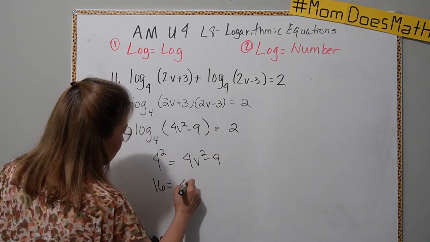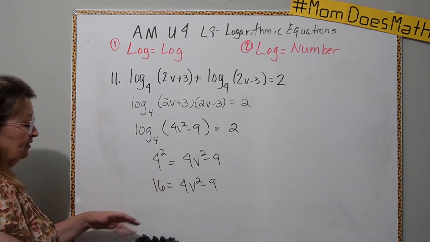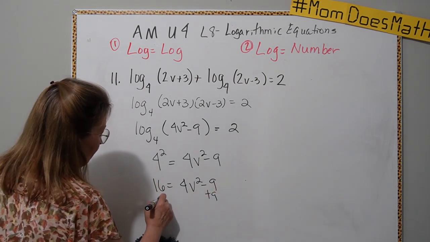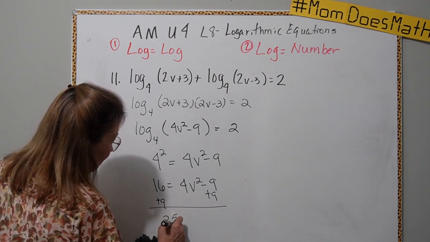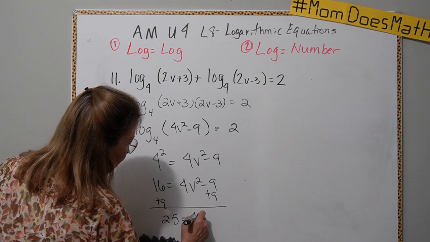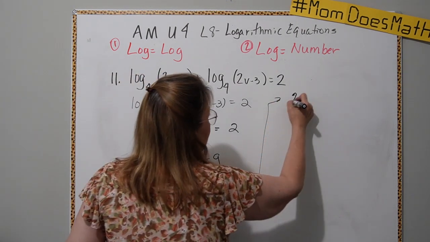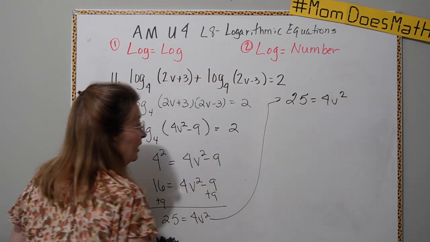16 is equal to 4v squared minus 9. And ready to solve, I would add 9. There's other ways to do it. I would add 9 to each side. So now I get 25 is equal to 4v squared.